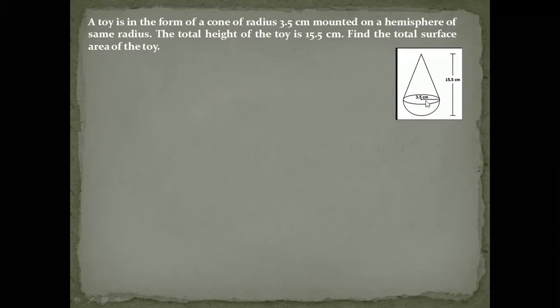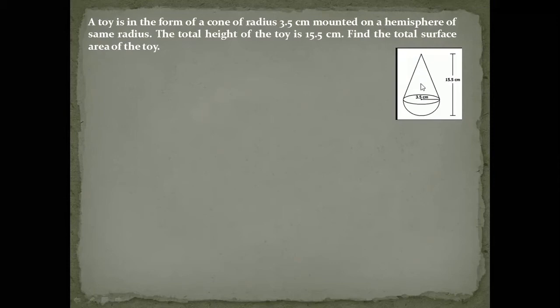So first given is radius, and total surface will be combination of curved surface area of this cone as well as the curved surface area of the hemisphere. So radius is same for both the shapes, that is 3.5 centimeter, and total height is given 15.5 centimeter.